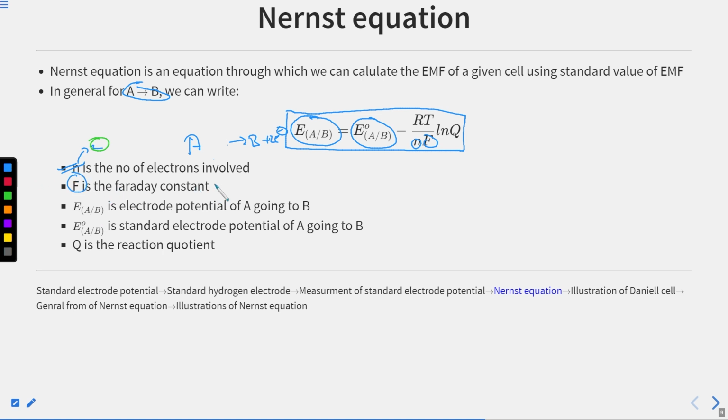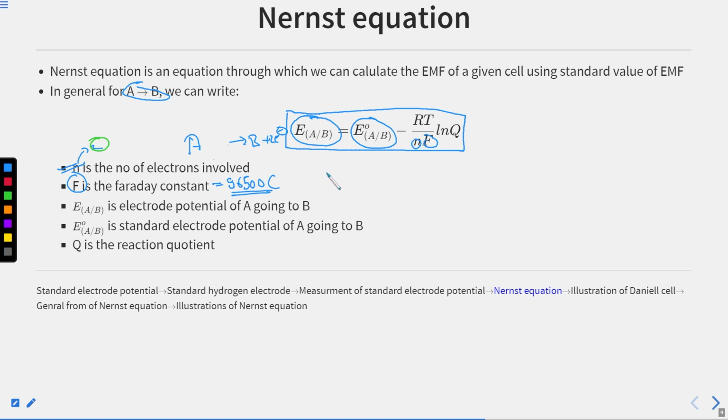Now next is the Faraday constant. What is this Faraday constant? Its value is 96500 coulomb. What is this 96500 coulomb? For those who don't know, it is the charge due to 1 mole of electrons specifically.